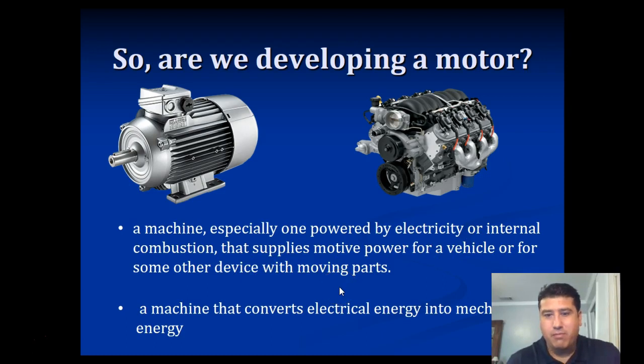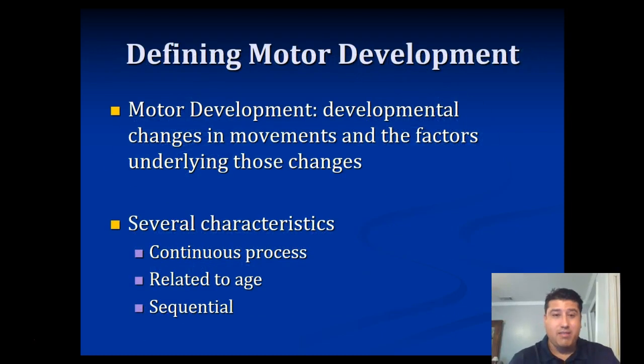We do have a lot of moving parts. It's not a motor like you would be building in an engineering class, but we are working with a motor in the sense that we can call the human body a motor. We have electricity, we have fuel, we have mechanical parts. There's a lot going on, so something to think about, I guess.